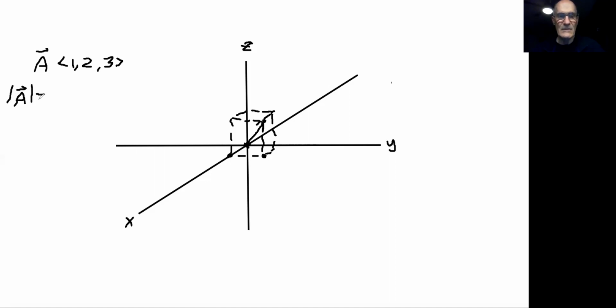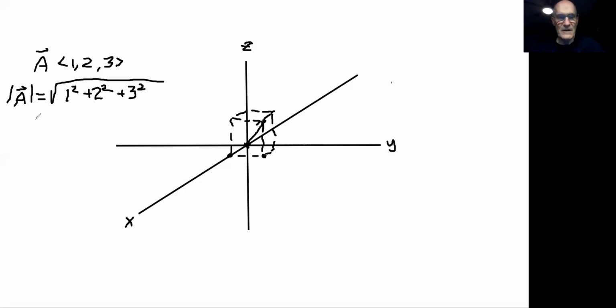So it's equal to the square root of 1 squared plus 2 squared plus 3 squared. And so that's just the Pythagorean theorem. Remember, the Pythagorean theorem says a squared plus b squared equals c squared. So now you have a squared plus b squared plus c squared equals d squared.